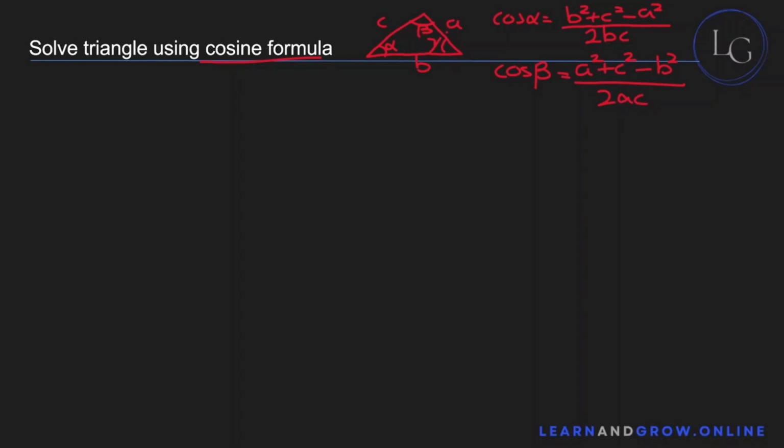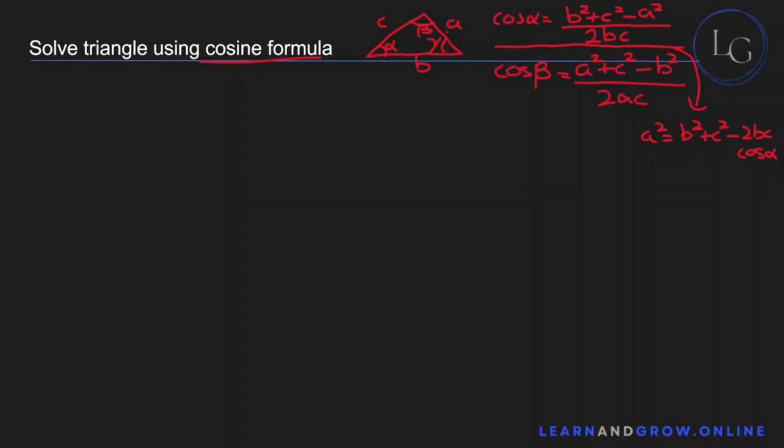By the way, if you rearrange this first one over here, it gives you A square is equal to B square plus C square minus 2BC cosine of alpha, right?